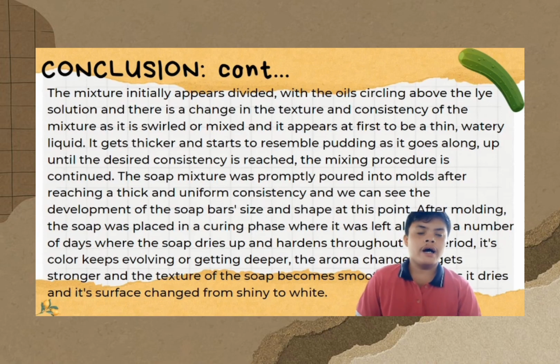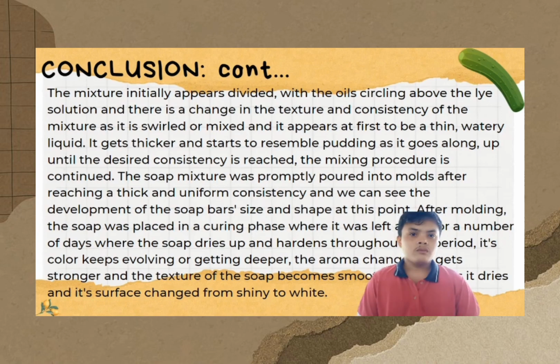After we mix the lye solution with the oil, we swirl it to dissolve properly. At first it was a thin and watery substance. It gets thicker and starts to resemble pudding as it goes along until the desired consistency is reached. The mixing procedure is continued.